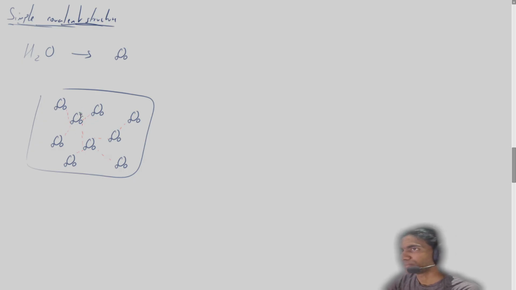So if you have something that's a bit more complicated, let's say that we have butane, for example, which looks like this. If I had to draw that structure for you, it would look more like this. So I'd have carbon, carbon, carbon, and carbon. And then I would have a hydrogen here, here, here, another hydrogen here and here, another hydrogen here and here, another one here, here, and here.